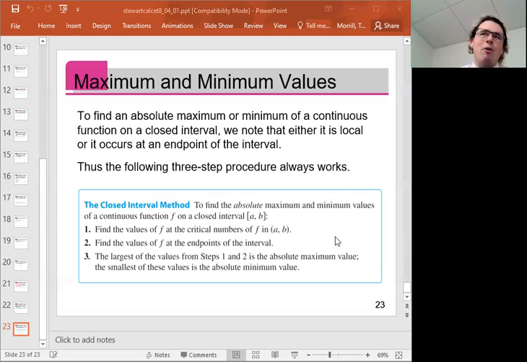And then out of all the numbers that we saw from steps 1 and 2, the largest number on our list is the absolute maximum of the function. And the smallest of these numbers is the absolute minimum of the function. That's it. And so it really is crucial here that we are able to calculate derivatives, that we are able to tell when a derivative is 0 and when a derivative fails to exist.